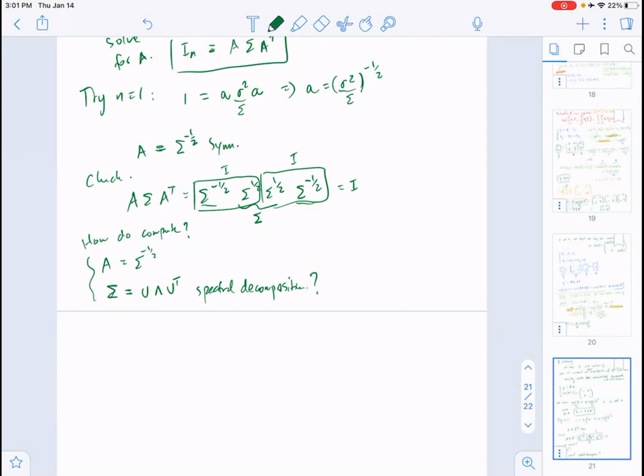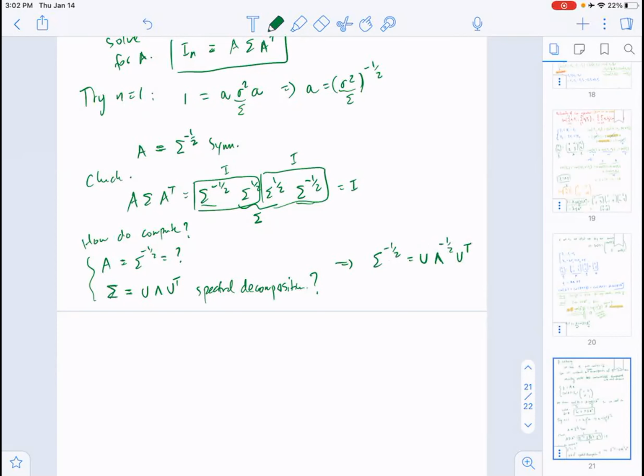Then wouldn't we just put the negative 1/2 on the middle, the eigenvalue part? Yes, you can put the 1/2 there. So basically, sigma minus 1/2, which is our A, is going to be U lambda minus 1/2 U transpose. You can put it on the middle guy.